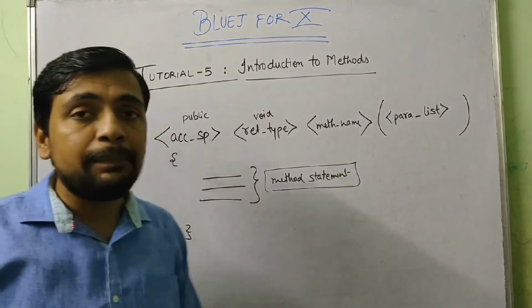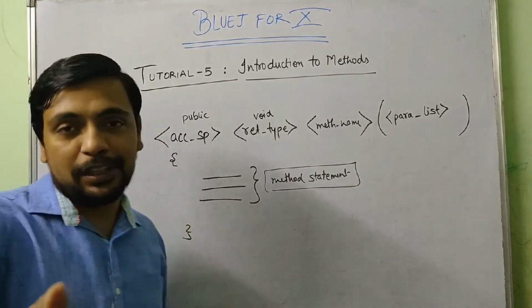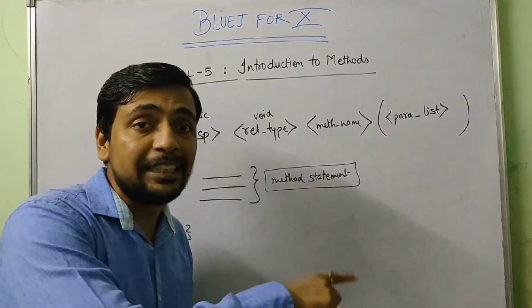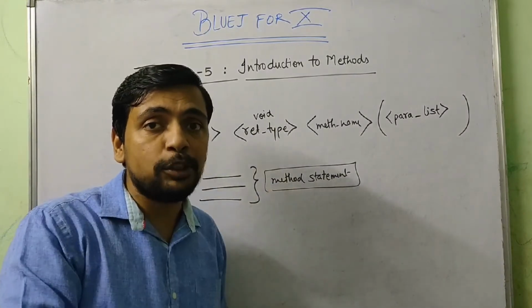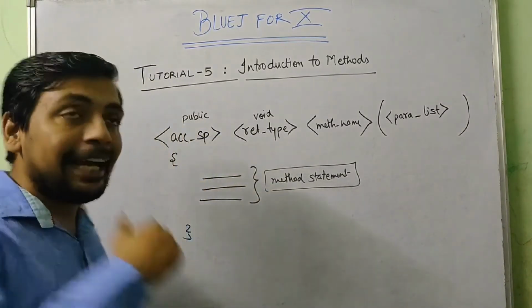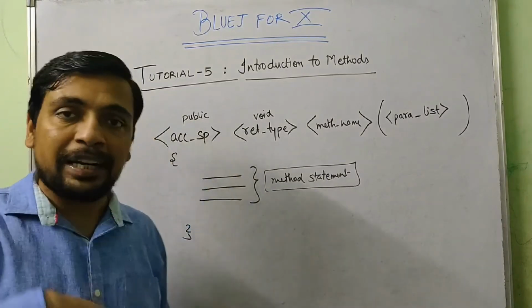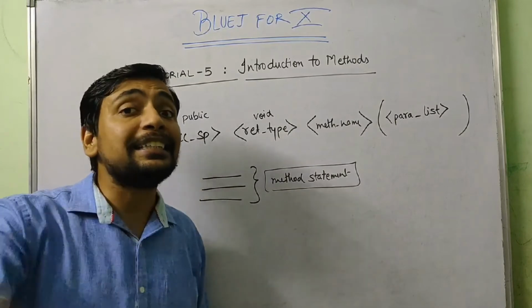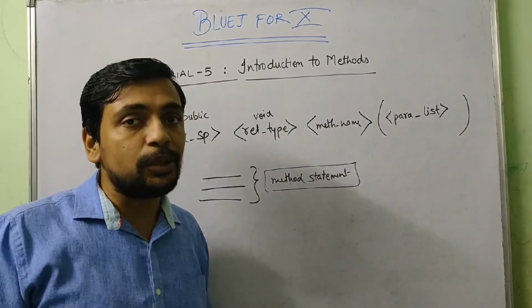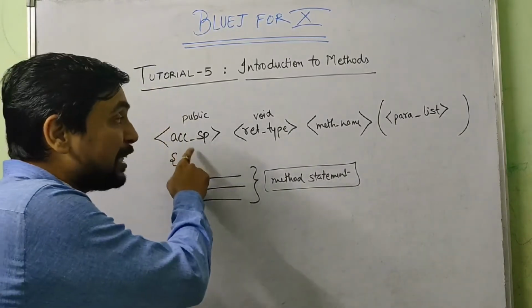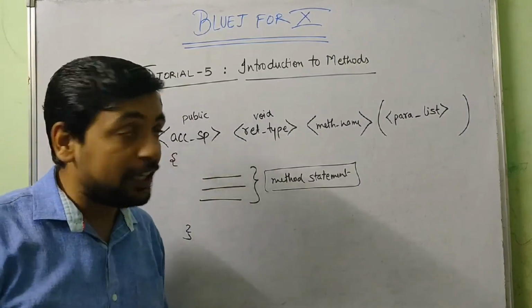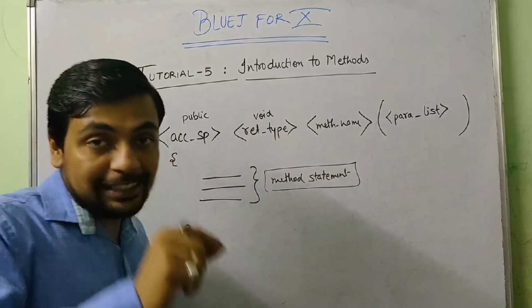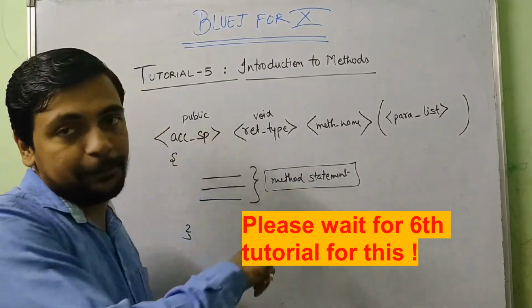Don't you worry: if some of you are following me from the 9th BlueJ video series and right now are in BlueJ for 10th, you might be thinking that in 9th also I told you to keep it public and void, and right now I'm telling you the same. It's not like that. In the next tutorial itself, the 6th tutorial, I'm going to tell you what else you can keep here and what will change. But till then, this is the last time I'm telling you, keep this public and void.